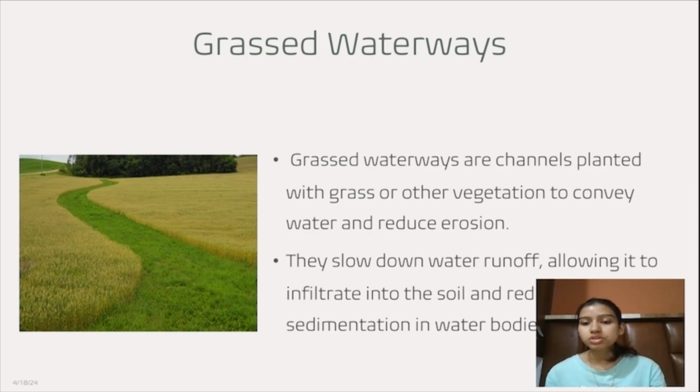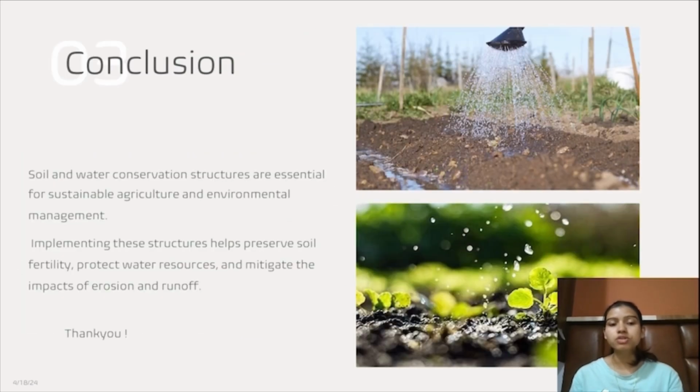They slow down water runoff, allowing it to infiltrate into the soil and reducing sedimentation in water bodies. So these are all the possible methods we can use to have soil and water conservation.